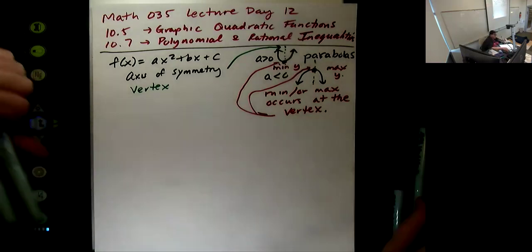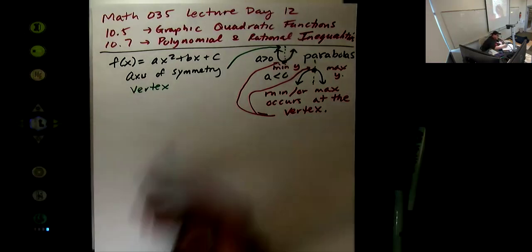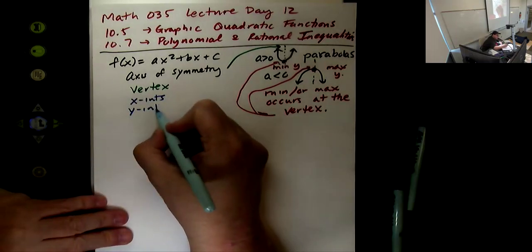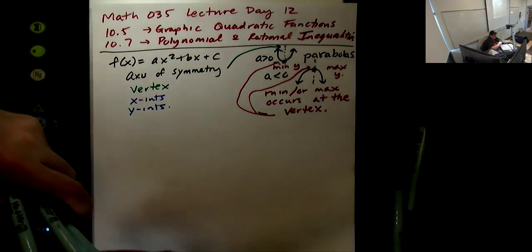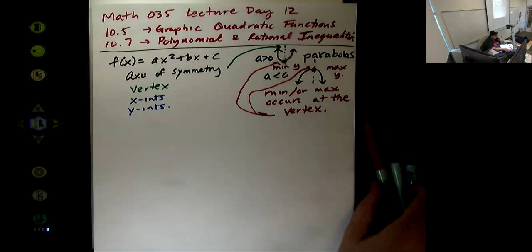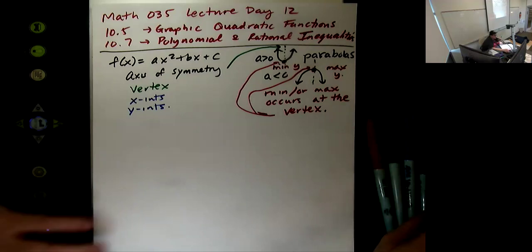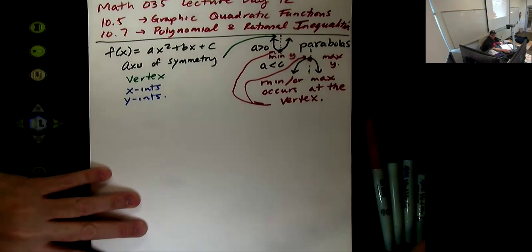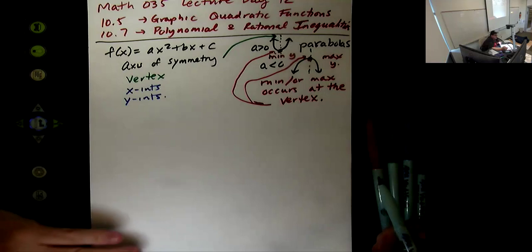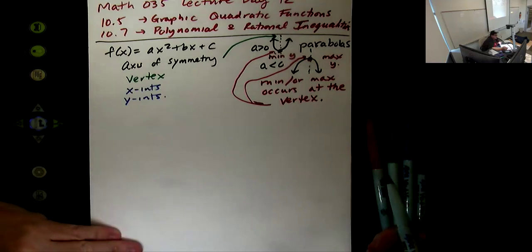Then things that are always helpful when graphing are x-intercepts and y-intercepts. We've done intercepts before, so we're going to talk about the intercepts first. Let's get that out of the way.